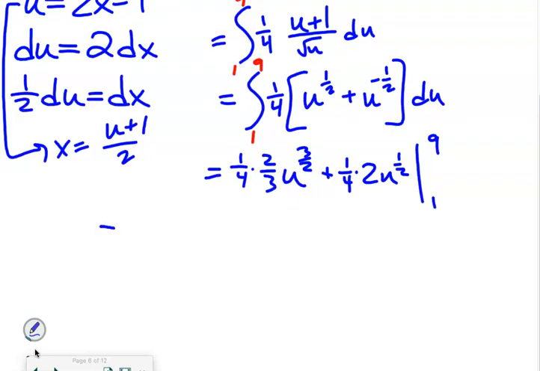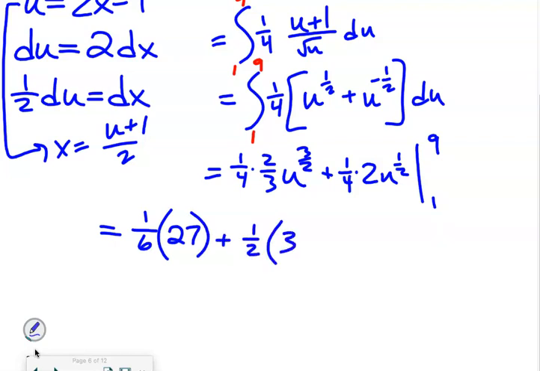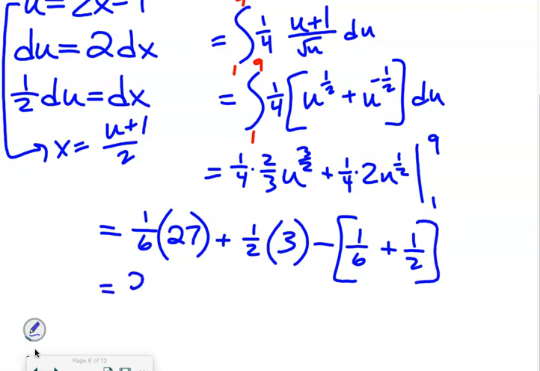All right. So now let's have some fun with fractions. So this becomes 1/6 times, hey, what's 9 to the 3/2? 27 plus 1/2 times 3 minus 1/6 times 1 plus 1/2 times 1. All right, so now, can't you just leave it unsimplified?